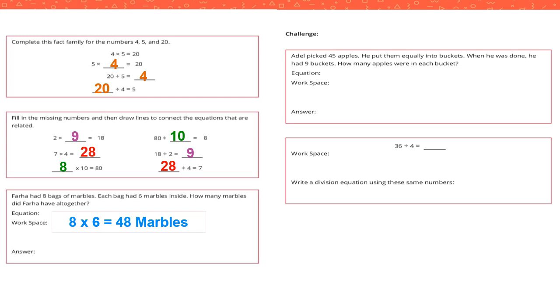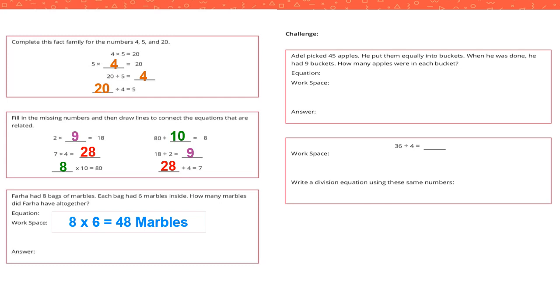The challenging part, Adil picked 45 apples. He put them equally into buckets. When he was done, he had 9 buckets. So he had 45 apples. He distributed them into 9 buckets.